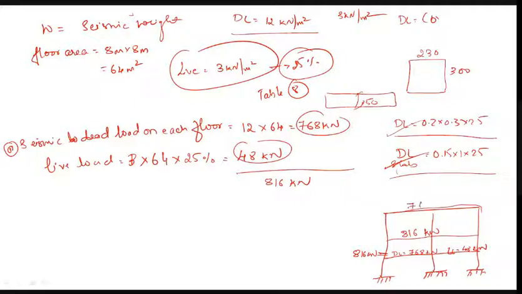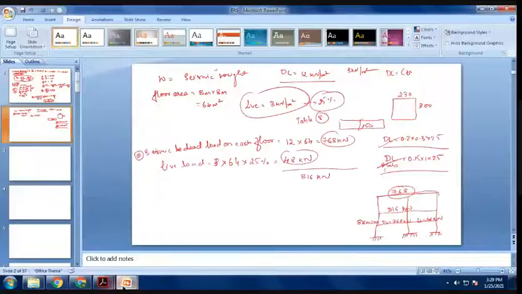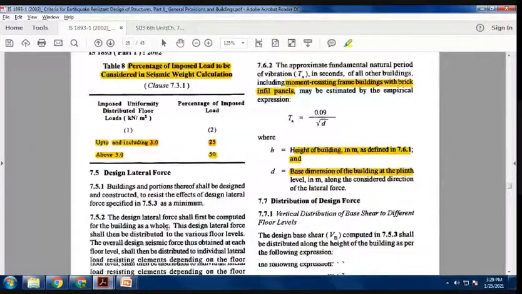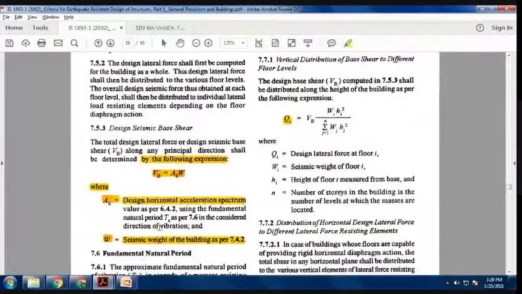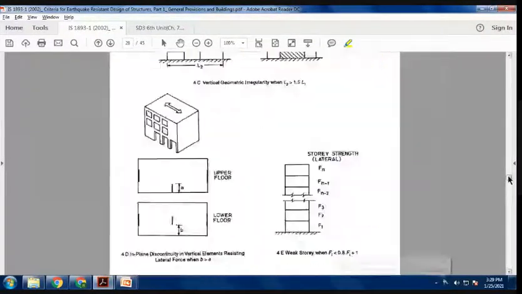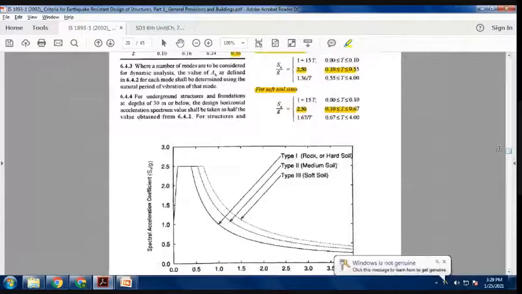So directly we can take the dead load. I will show you the clause.